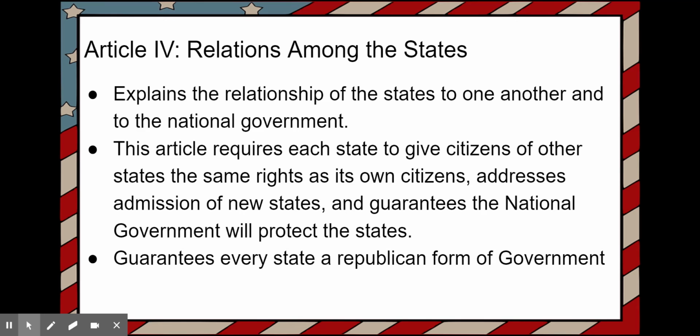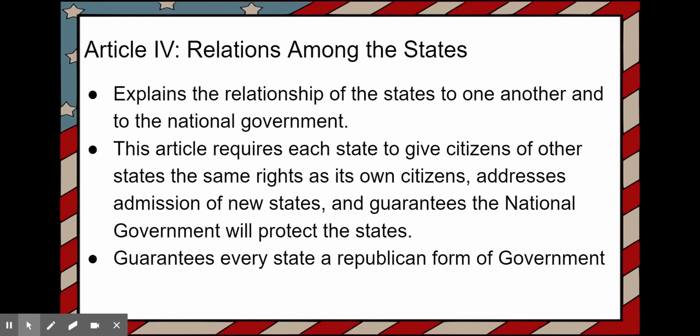Admission of new states just sets up how a state can be added to the union. We'll talk about that more when we get to the Louisiana Territory and how they carved states out of all that new territory. Basically, it's like a 4 or 5 step process.